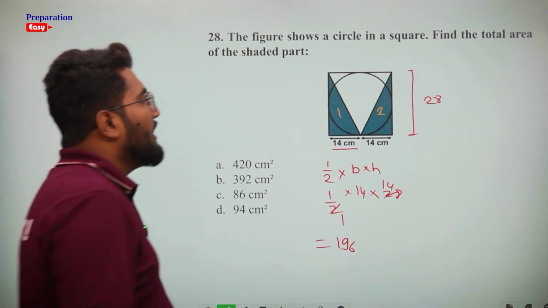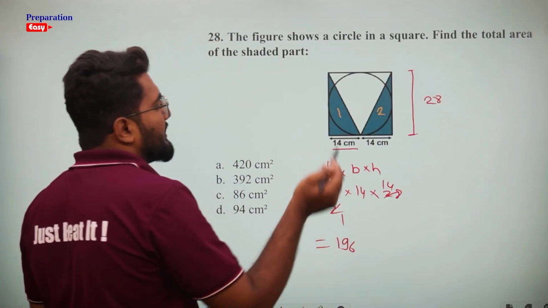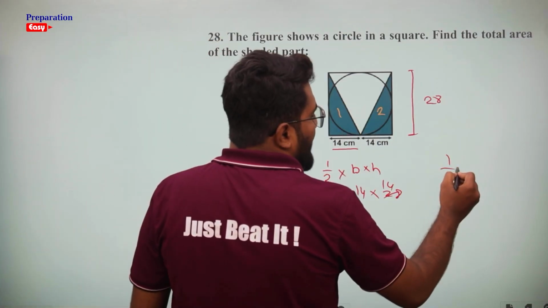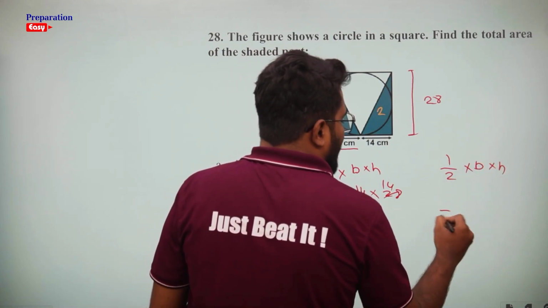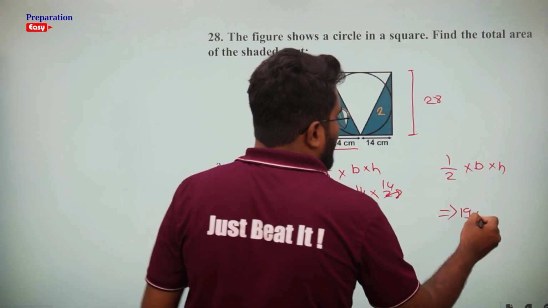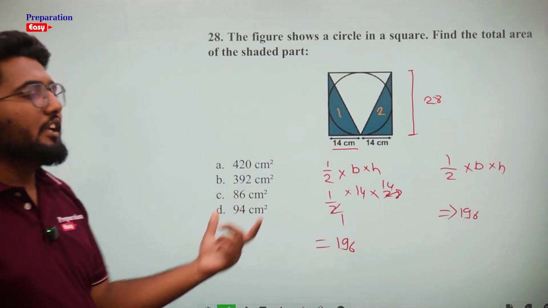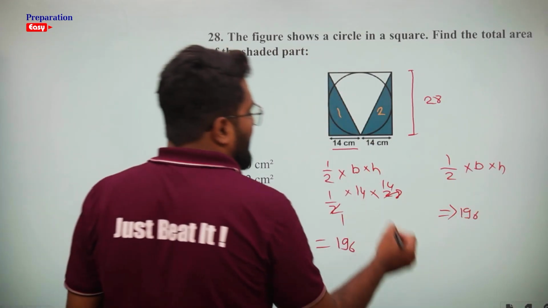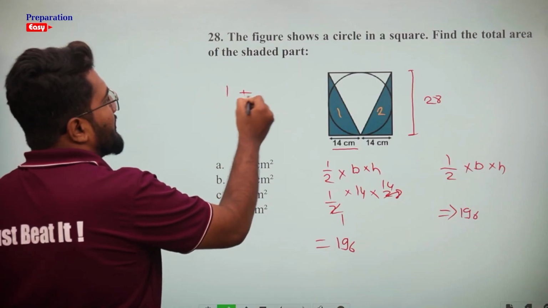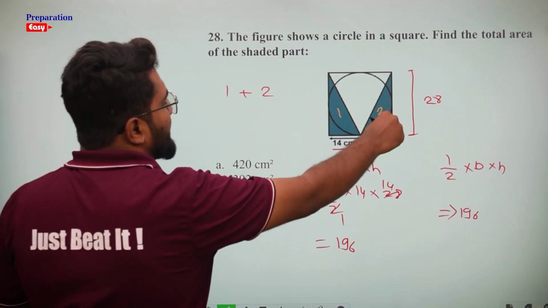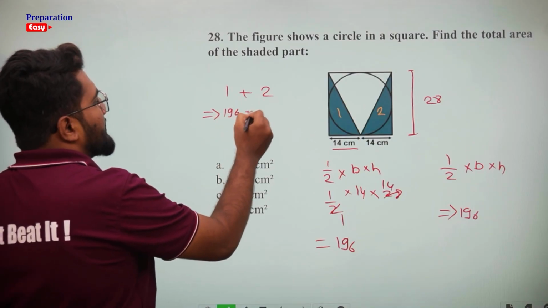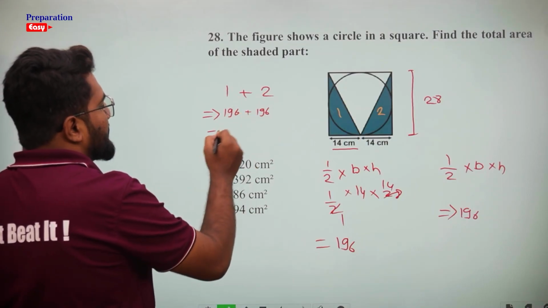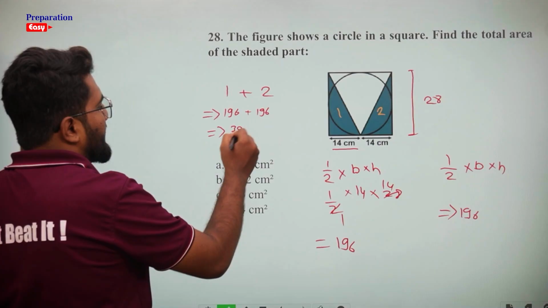Then similarly for the second triangle, base and height are again same. So it will also become 196, and we have to find the total shaded area. So that is equals to area of 1 plus area of 2. It will become 196 plus 196, which is equals to 392.